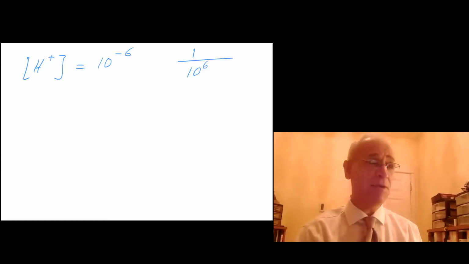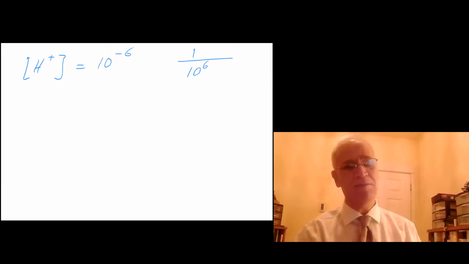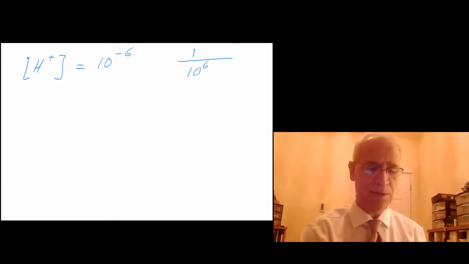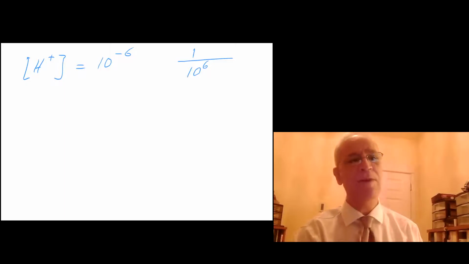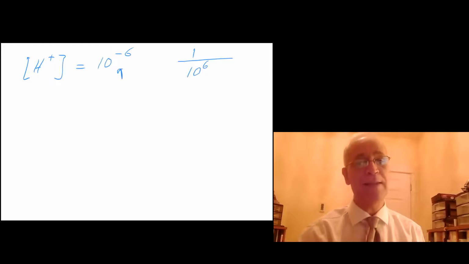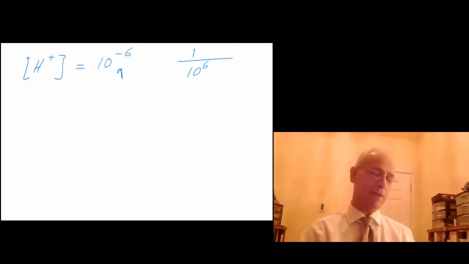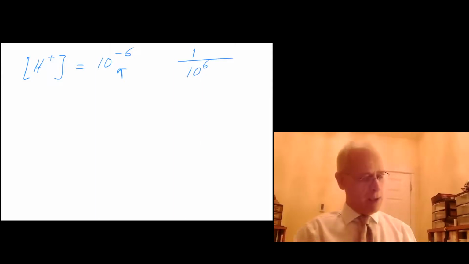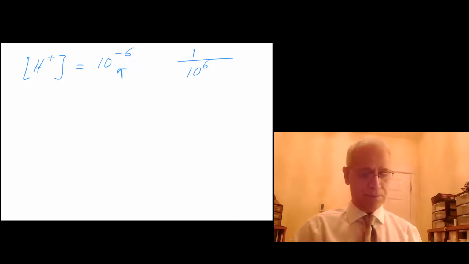So as you can see, you get lots of decimals. You probably don't like that. Maybe not mathematicians, but most people don't like to work with negative exponents anyway. So let's do a few examples in here.